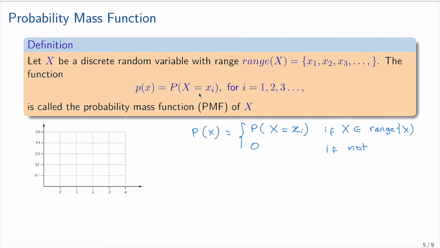That's our probability mass function. In the general case, we are going to have a set of points that define our random variable. So if this is a probability mass function, it will always happen that the sum of the probabilities for all the values in the range is equal to 1.